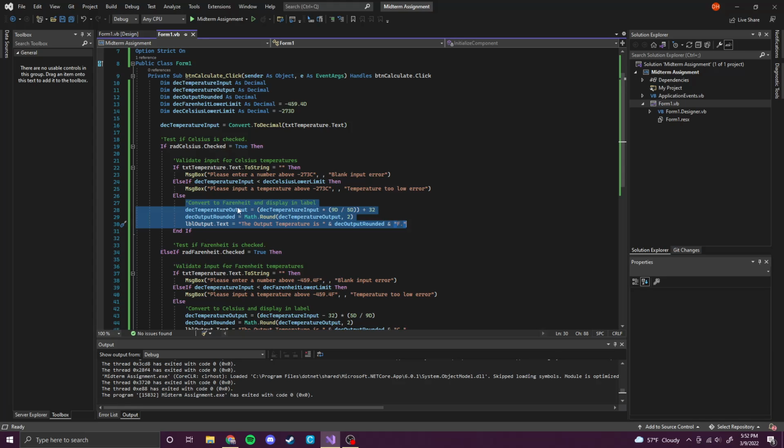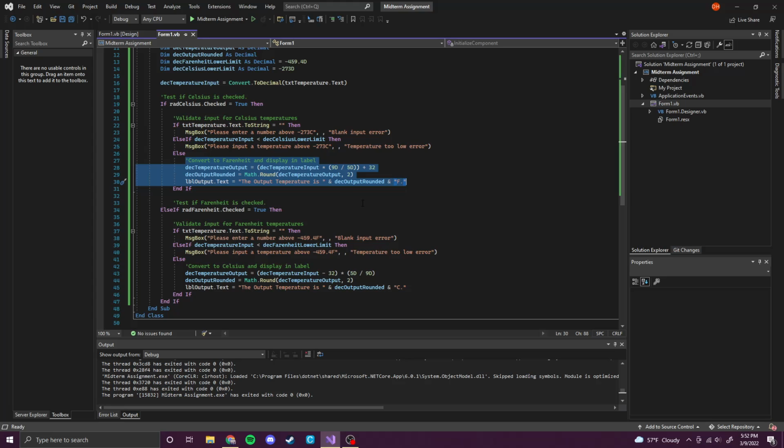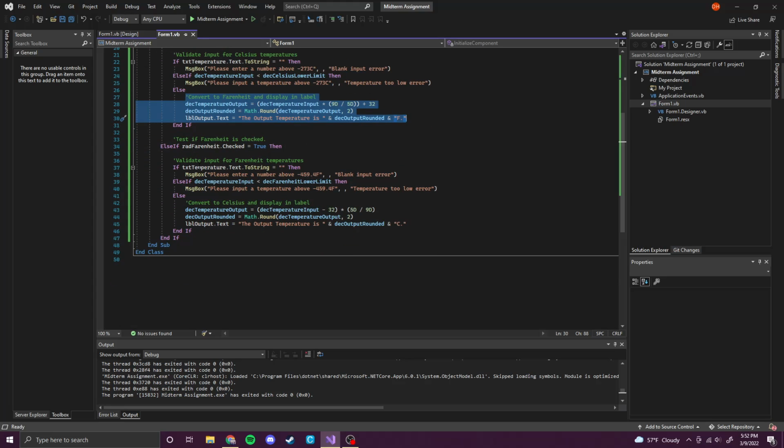Then I used Math.Round because if I didn't round it, the output ended up going off the screen of my form, and I didn't like that. So I rounded it to 2 decimal places, and then this changes the output text to say output temperature is output rounded degrees Fahrenheit. And then I did the same exact thing for Fahrenheit.